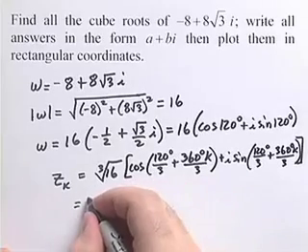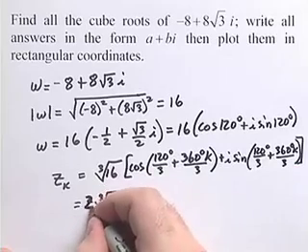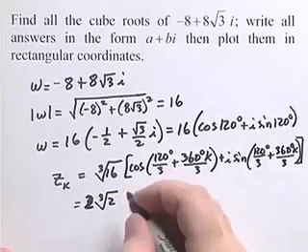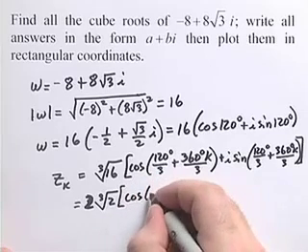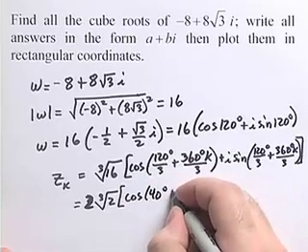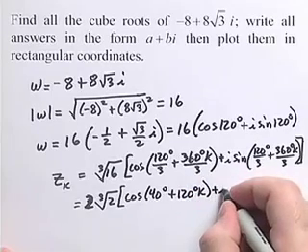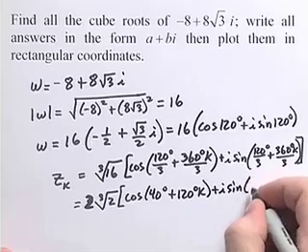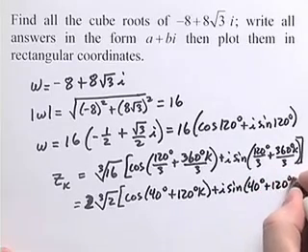This will simplify to 2 times the cube root of 2. Make that 2 a little bigger here. 2 times the cube root of 2 times the cosine of (40 degrees plus 120 degrees times k) plus i times the sine of (40 degrees plus 120 degrees times k).